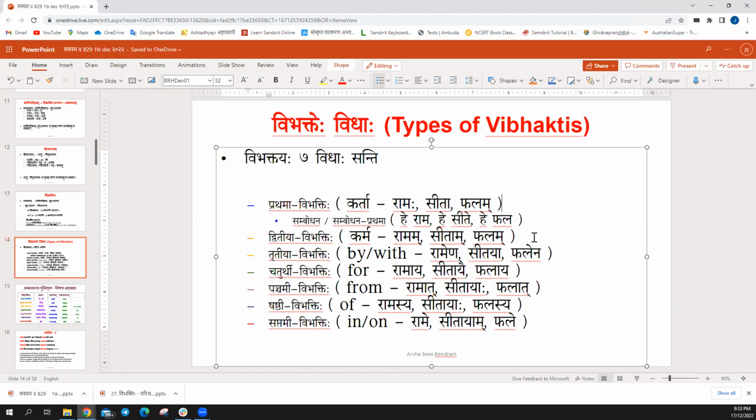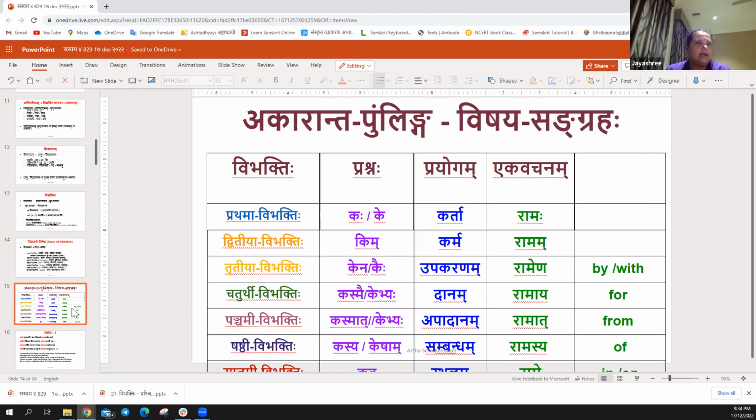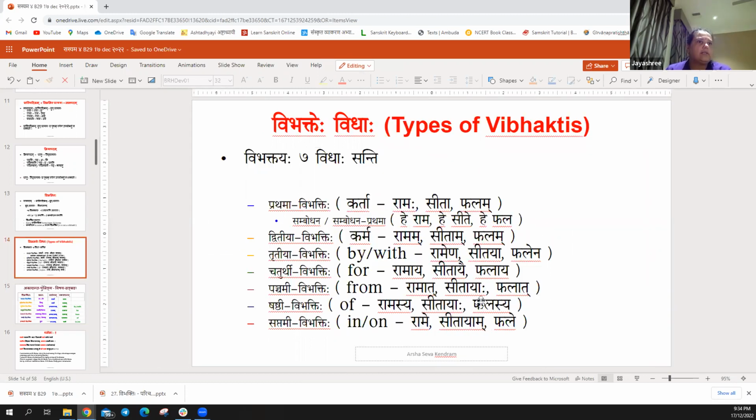Saptami Vibhakti, in, on: Rame, Sitayam, Phale. I think Panchami should be Sitaya. This is wrong. Sitaya. All right.